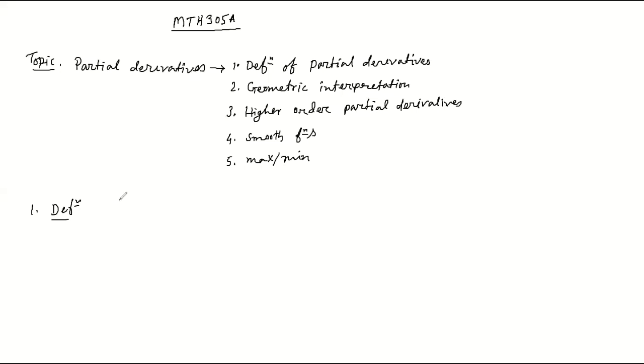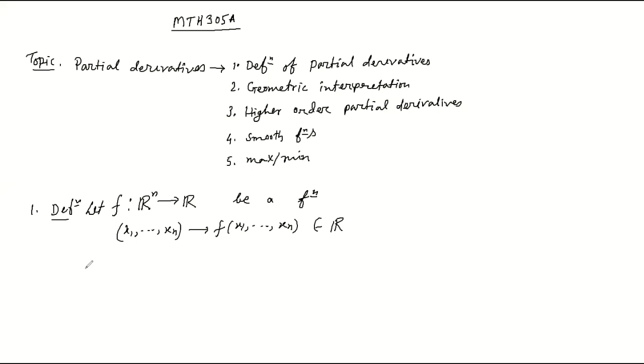We consider a function f defined on R^n to R, a real valued multivariable function, that maps an n-tuple (x1, ..., xn) to f(x1, ..., xn), which is a real number belonging to R. So let this be a function, and a equal to some point in R^n, that is (a1, ..., an) belongs to R^n.